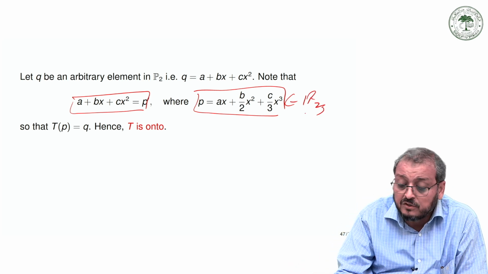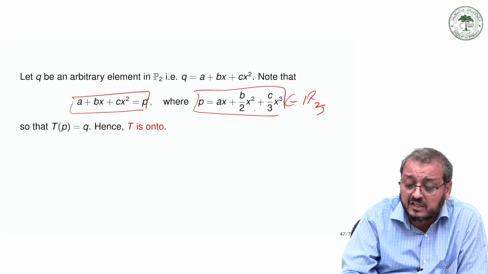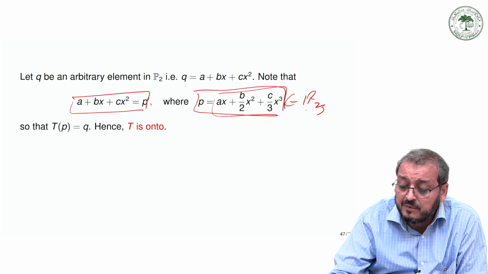So we take any element of this form, a x plus b x square, and this is clearly an element of P3.